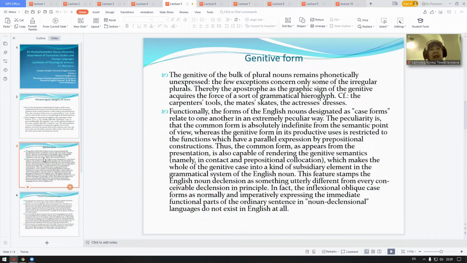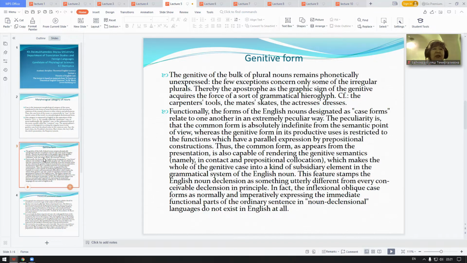Thus, the common form, as appears from the presentation, is also capable of rendering the genitive semantics, namely in contact and positional collocation, which makes the whole of the genitive case into a kind of subsidiary element in the grammatical system of the English noun.